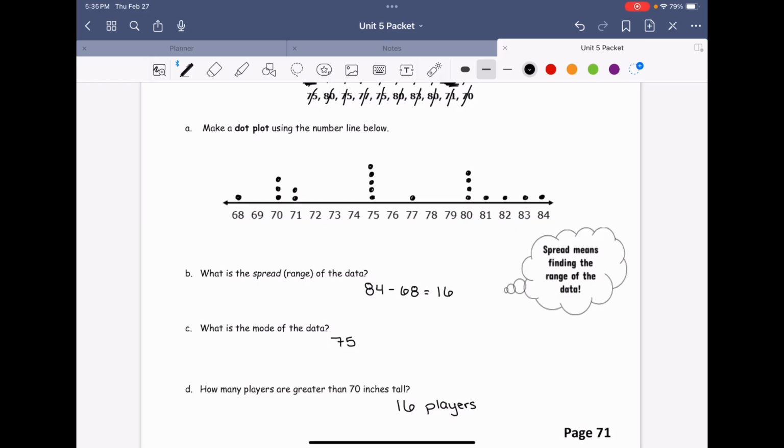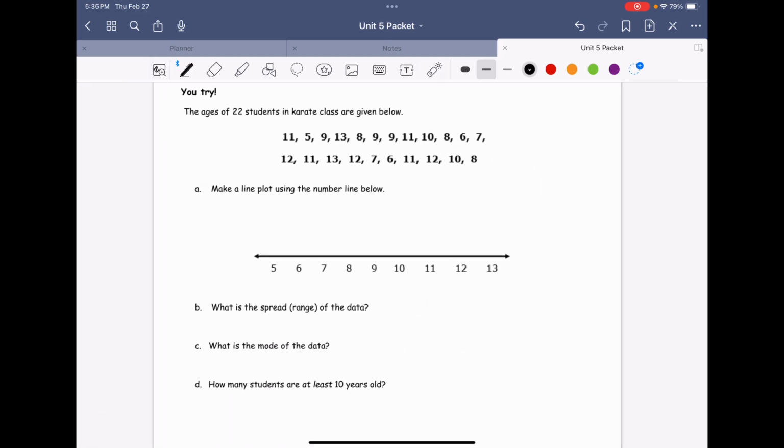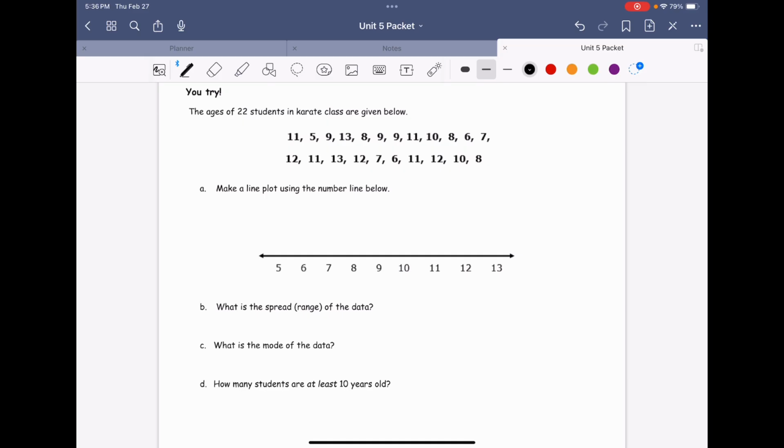All right, next page, please. So I'm going to have you try this one. These are the ages of 22 students in a karate class. Please make this dot plot and then answer the 3 questions. Please pause the video, and when you're all set, check your work and unpause the video.